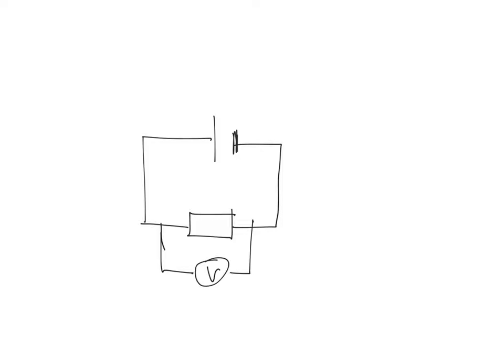So we've got a very simple circuit with a cell, a resistor and a voltmeter attached in parallel. If I have a cell that's 3 volts, then practically what we'd expect to measure on our voltmeter would be 3 volts as well.